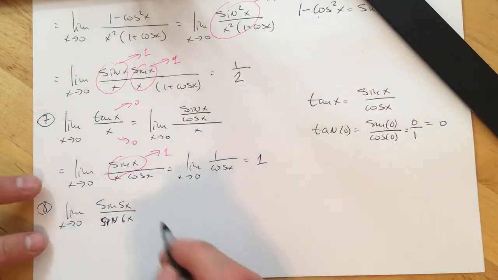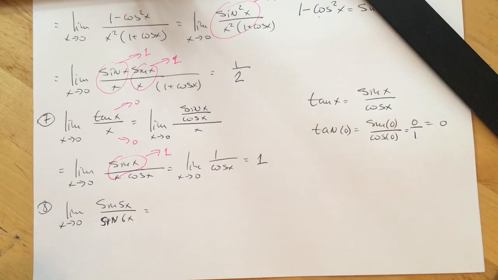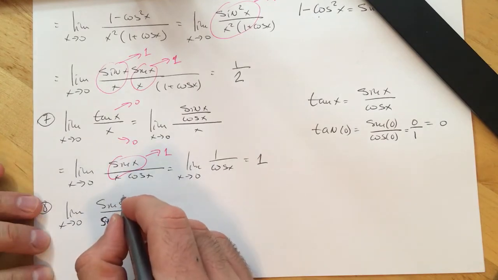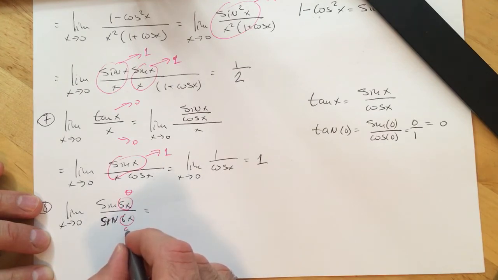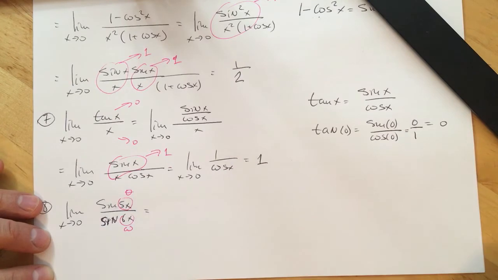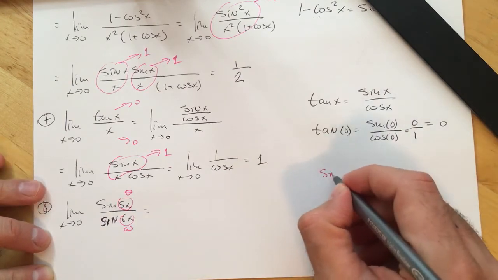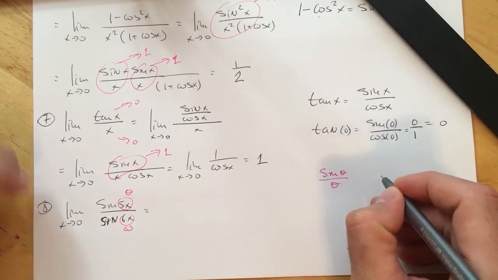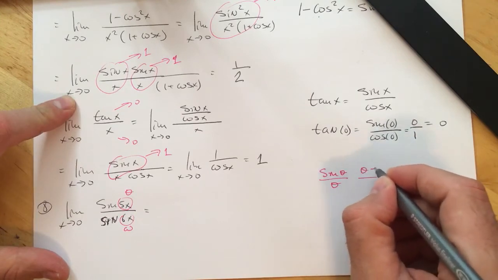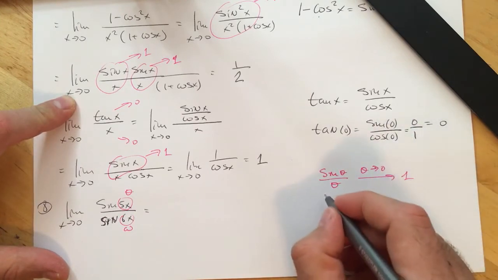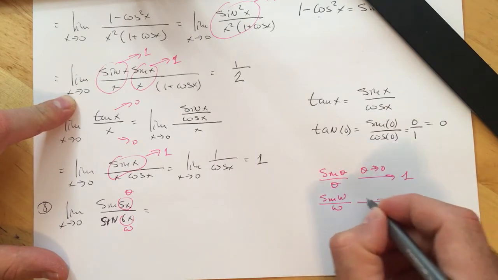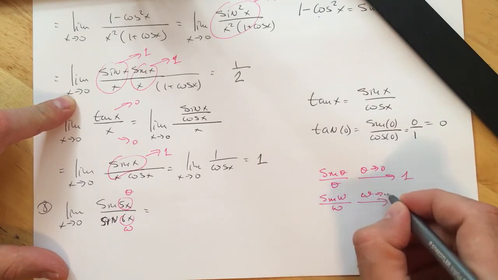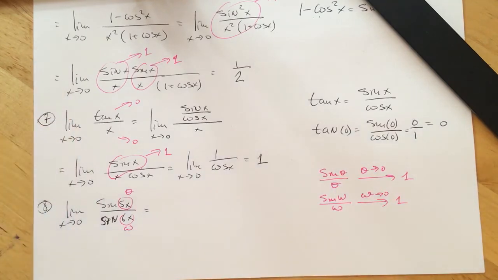So because it's impossible, here you just identify these angles. The first angle is theta, and let's call the second omega. It's the same thing: sine of theta over theta. You can call the angle whatever you want. As the angle goes to 0, that goes to 1, and then of course sine of omega over omega, as omega goes to 0, that ratio is going to go to 1.